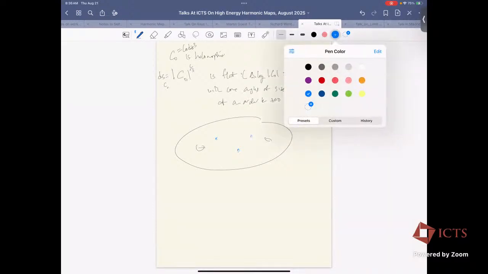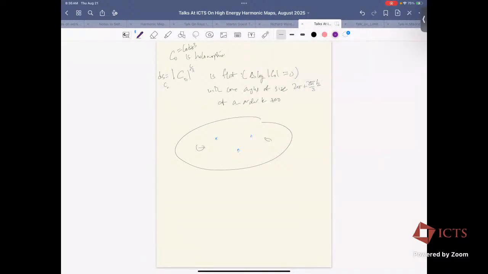And if I have a curve gamma, I can think of the curve gamma, or better to say it this way, represent it as a geodesic. And so as a geodesic, it's where I have flat metric.